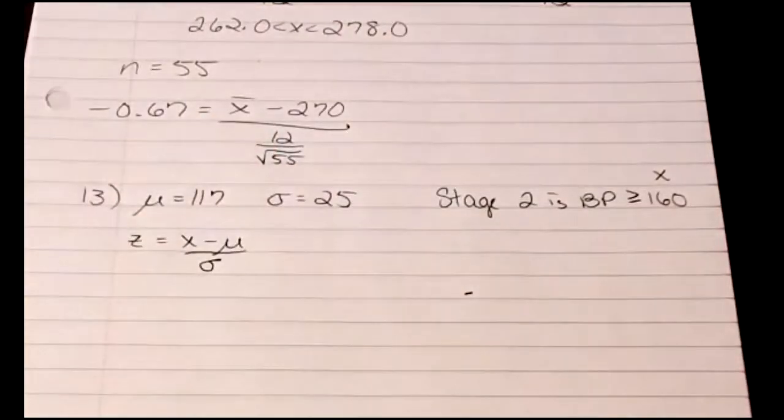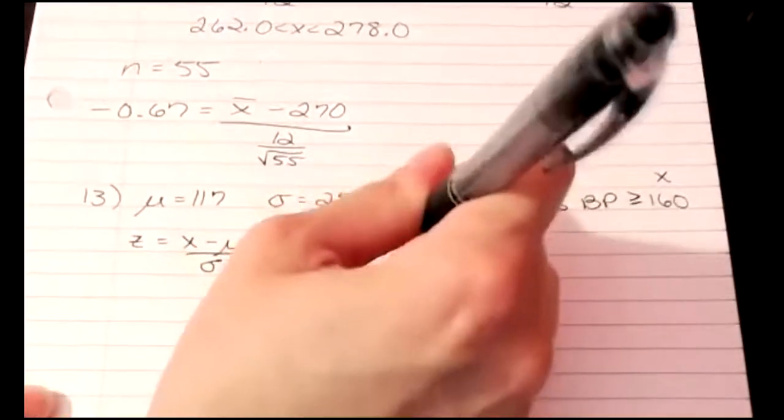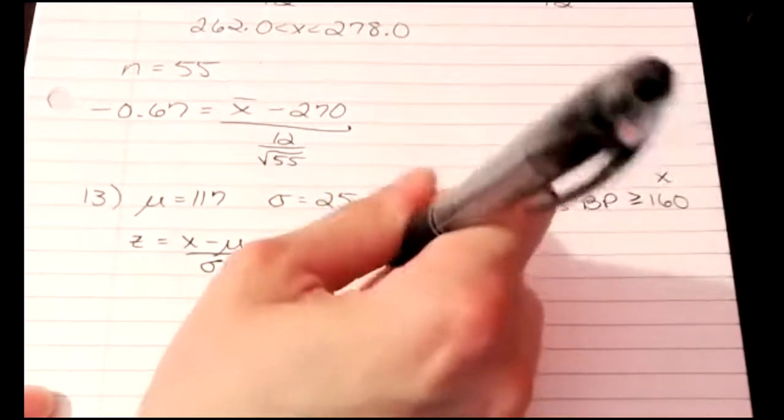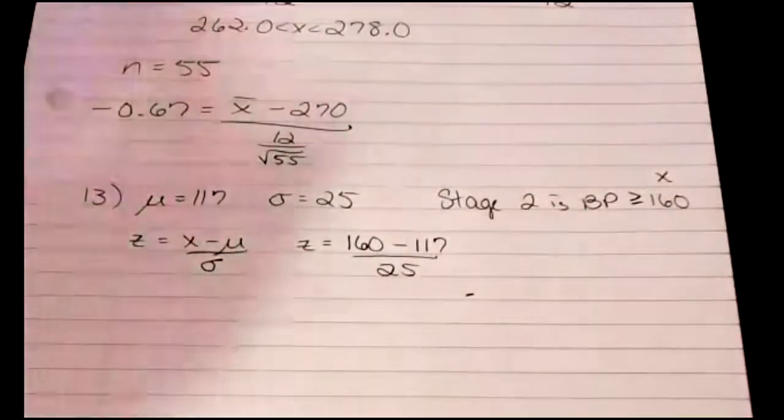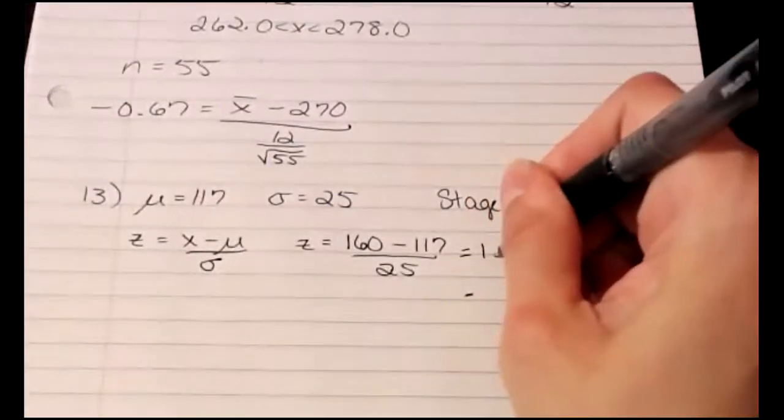We have X is 160, the mean is 117, and the standard deviation is 25. 160 minus 117 is 43. Divide by 25, and we get a Z-score of 1.72.